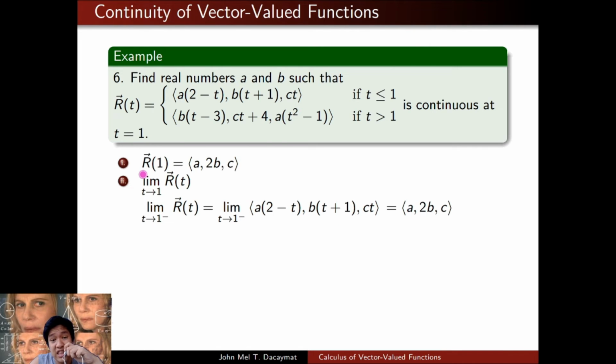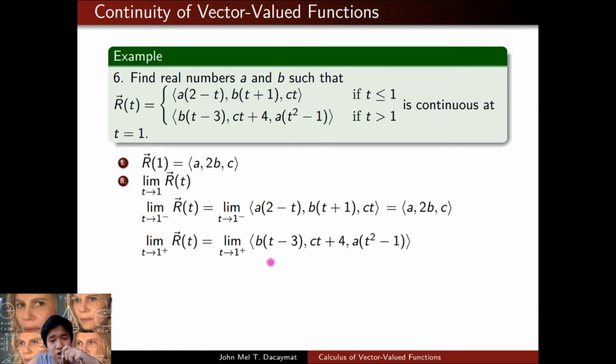So he'll get this. Second component, limit as t approaches 1 from the right, we use this one. Again, very obvious. You can just plug in 1. You will have no problem. If you try to plug in 1 sa una, you'll get negative 2b. Sa pangalawa, if you try to replace t with 1, you get c plus 4. Sa pangatlo, yung t squared minus 1, magzi-0 yan. No? So, kahit ano man yung a na yan, you'll get 0 here.